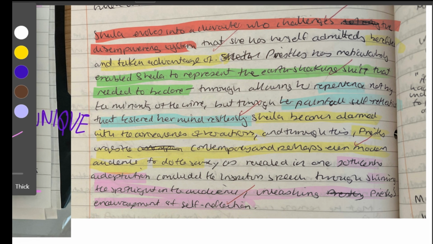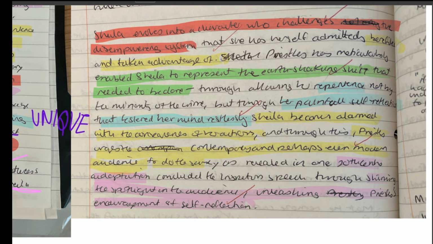So this was an adaptation that I had actually seen, and it showed that at the end, instead of all of the lights being on the characters when the inspector is doing his final speech, the actual lighting was done on the audience. And you've got to always remember that this was a play. So this device that was used, the theatrical device, actually exemplified Priestley's overall message that we should look for self-reflection within us.